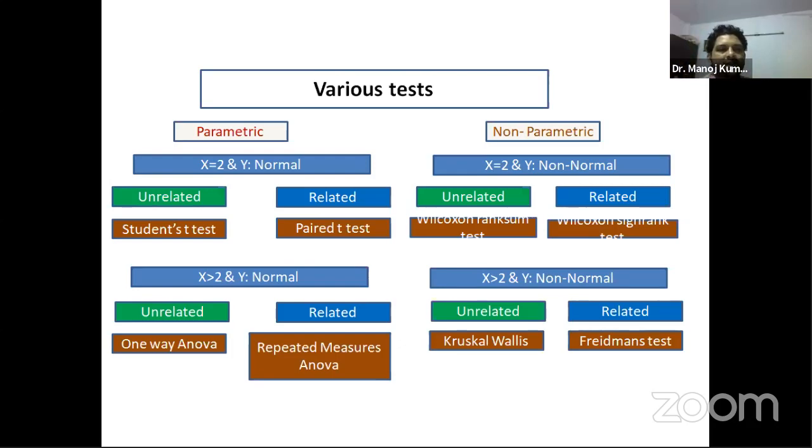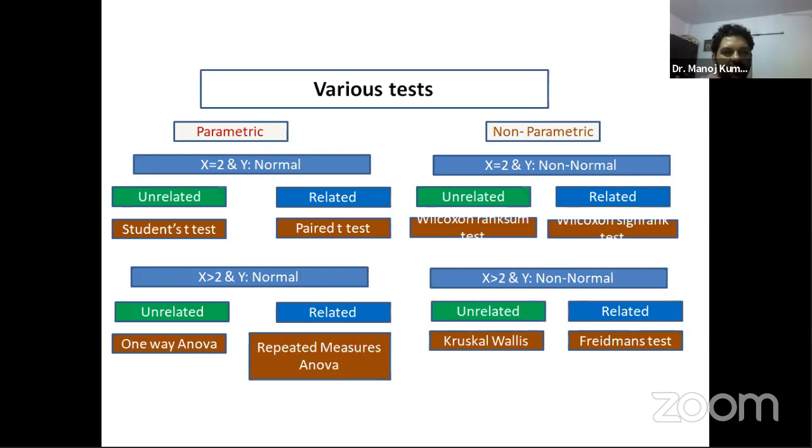Let's say you are conducting the study in three different districts of Uttar Pradesh. It comes under three samples, greater than two. If you consider only two districts, it will come under two.